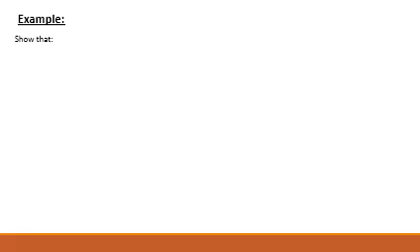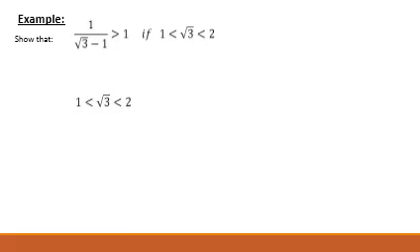Now, example. Let us show that 1 over radical 3 minus 1 is greater than 1. I have to show that 1 is less than radical 3 is less than 2. Let us take 1 less than radical 3 less than 2. I'm going to find radical 3 minus 1, so I'm going to subtract 1 from the boundary.